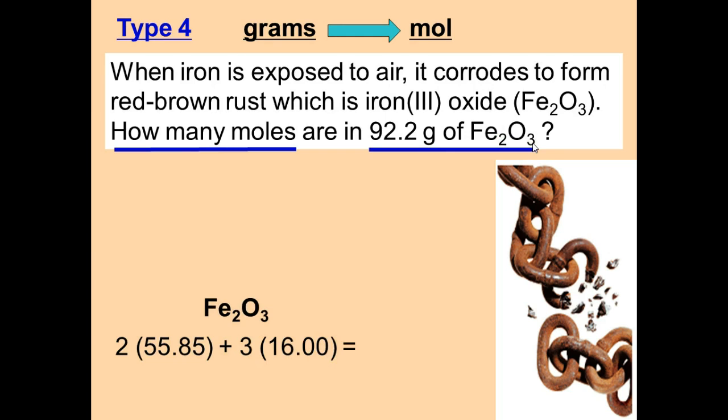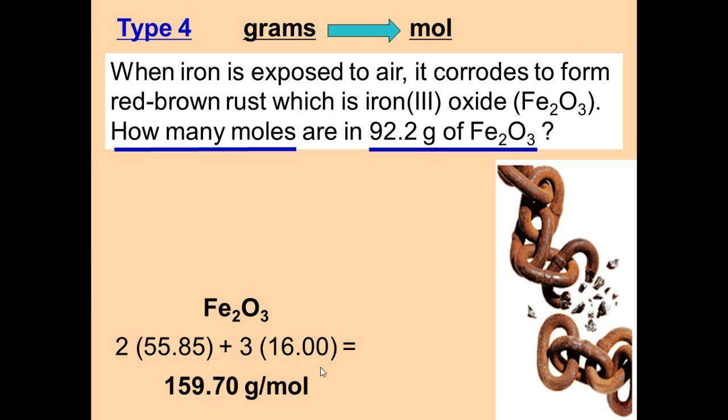So first we have to find the atomic, or molar mass, of rust, which is iron oxide. And so we have 2 iron and 3 oxygen. So we multiply 2 times the atomic mass of iron, which is 55.85, and add it with 3 times the atomic mass of oxygen, because there's 3 oxygens, and we get 159.7 grams per mole.